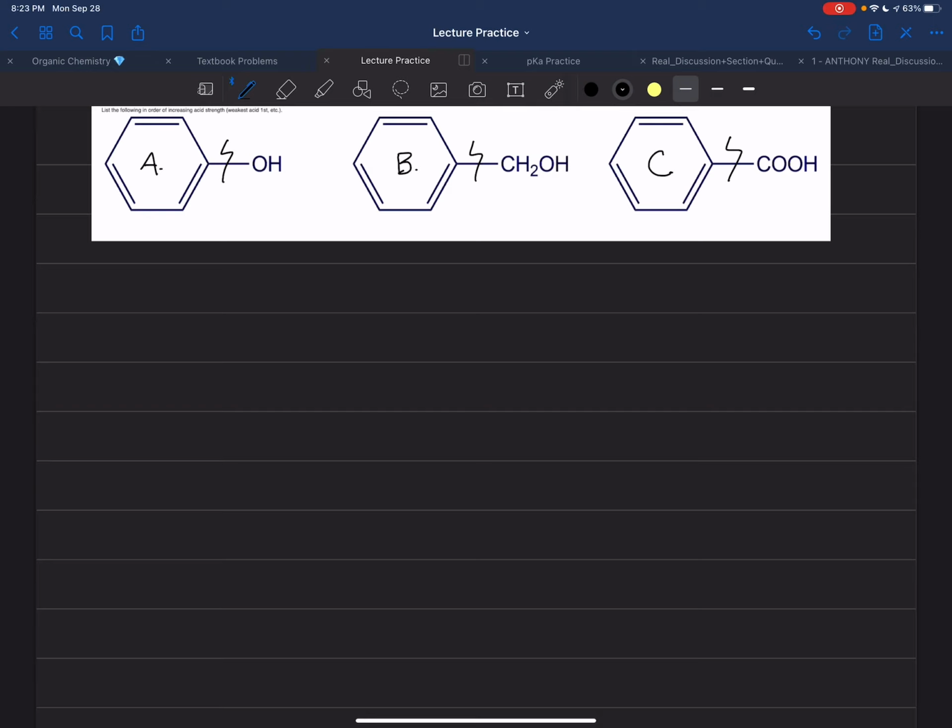We have this alcohol here, we have this carboxyl here, and we have this ethyl alcohol here. I think, or that's like a methylene alcohol. I don't know. Doesn't matter.